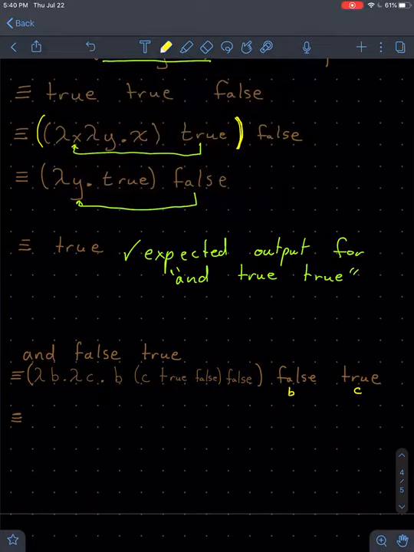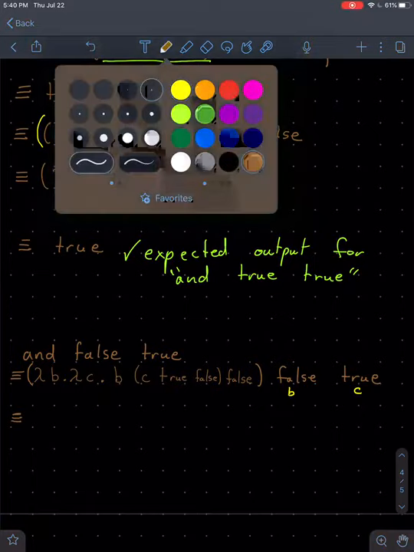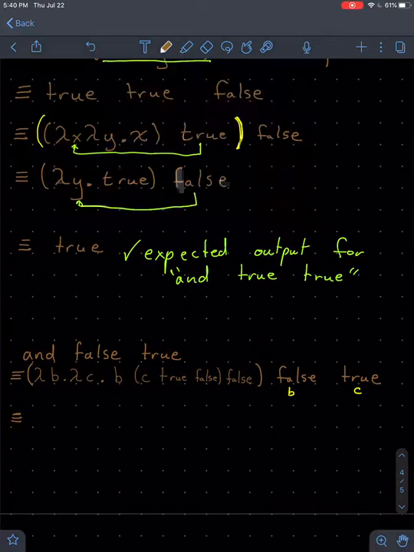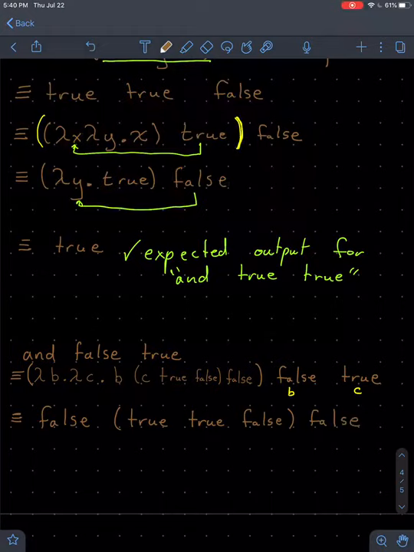Okay, Linnea's got an answer for us. So Linnea is saying we should have false on true, true, false on false. Okay, I like that. Good first step, right?